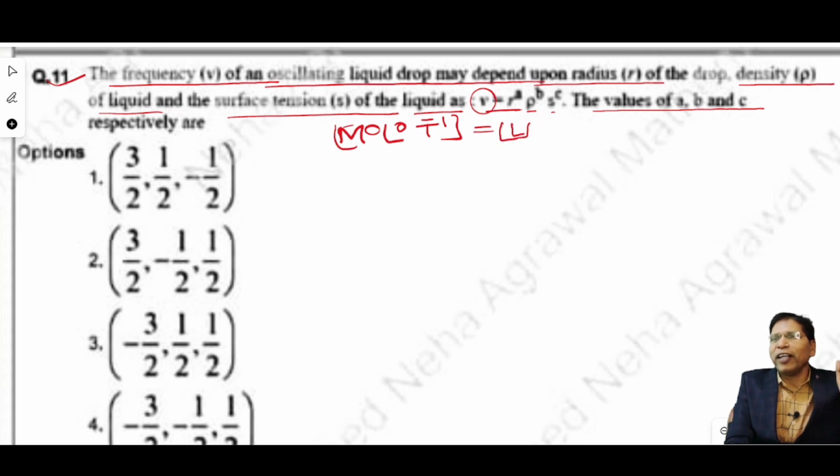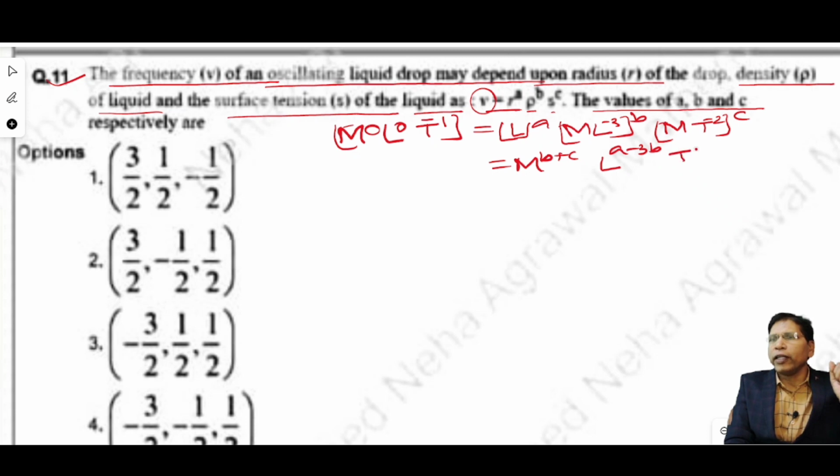Look at this, L to the power A. Density is ML^-3, to the power B, and S is MT^-2, to the power C. Okay, so therefore this is M to the power B plus C, L to the power A minus 3B, and T to the power minus 2C. So applying the principle of dimensional homogeneity, you can easily calculate A, B, C.